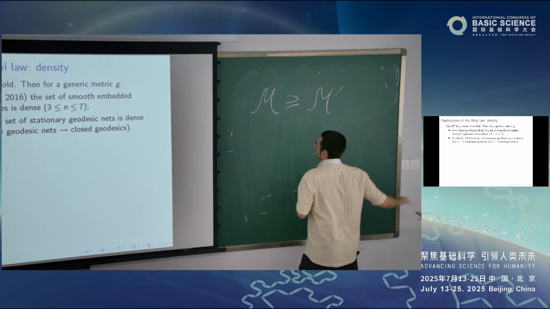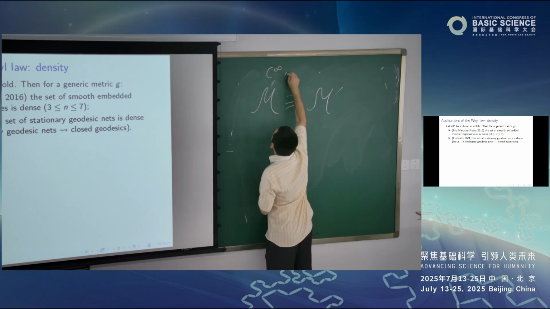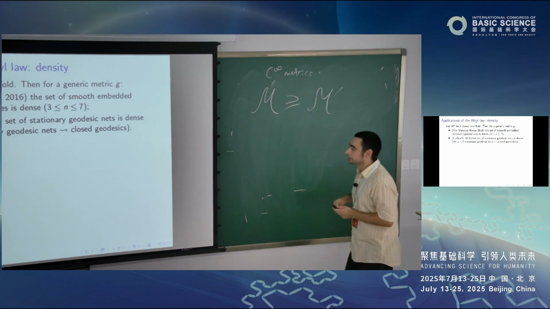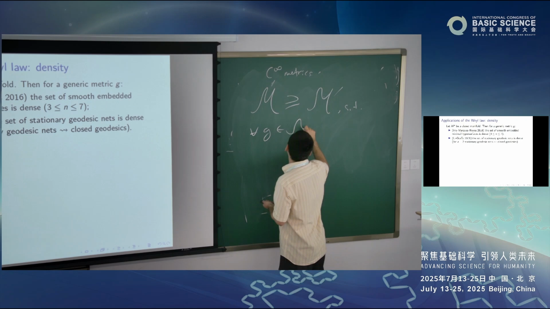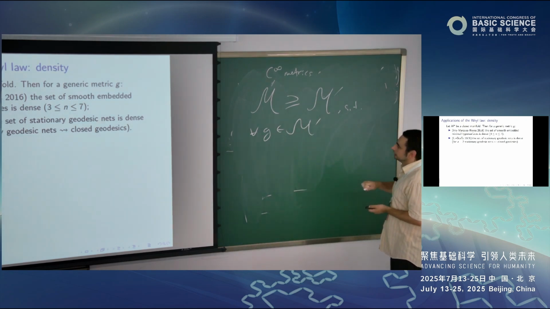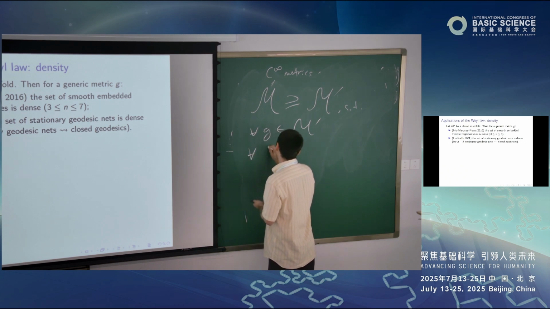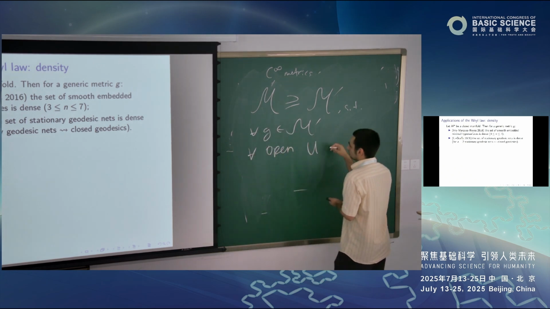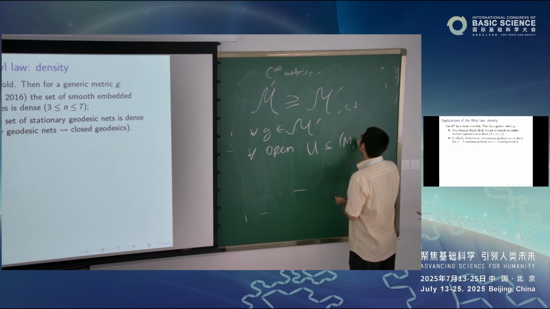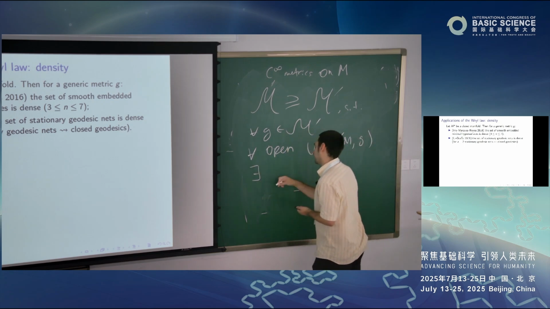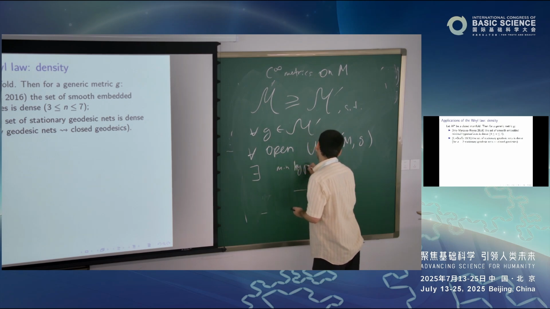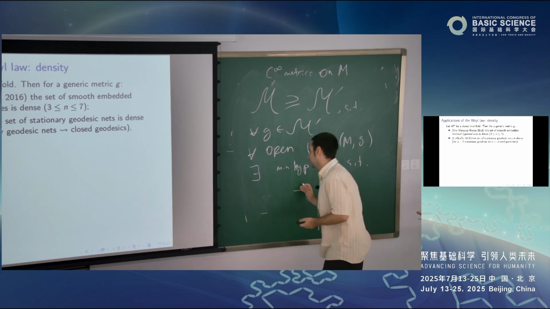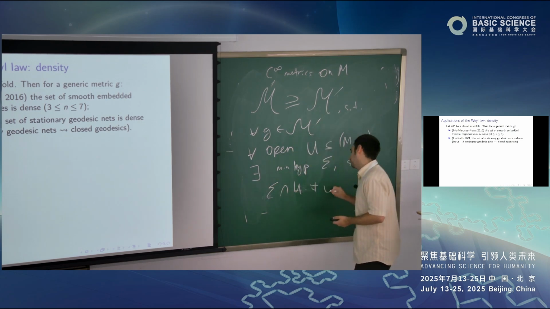These are C infinity metrics, or it's also true for Ck metrics, such that for all g in the set, and for all open U inside the manifold, there exists some smooth embedded minimal hypersurface sigma such that the intersection of sigma with U is not empty.